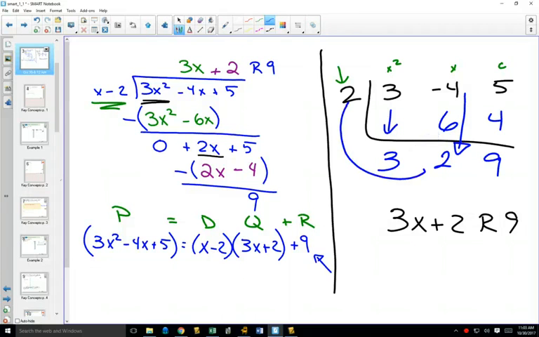Now we would do 2 times 2 to get 4, and then add to get 9. The last number is always your remainder, and then you work backwards, so this would be your constant, and this would only be 1x. And you always have your highest degree 1 less than you started with because you've divided. So this is called synthetic division.